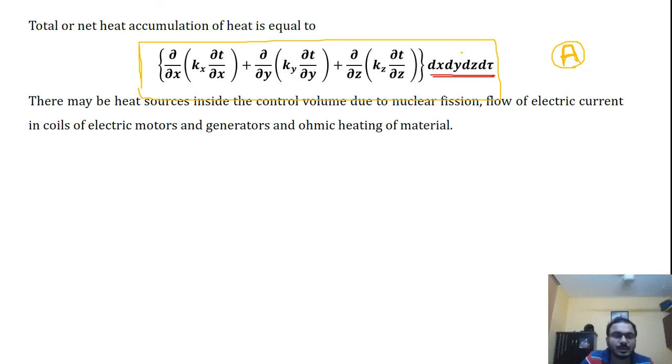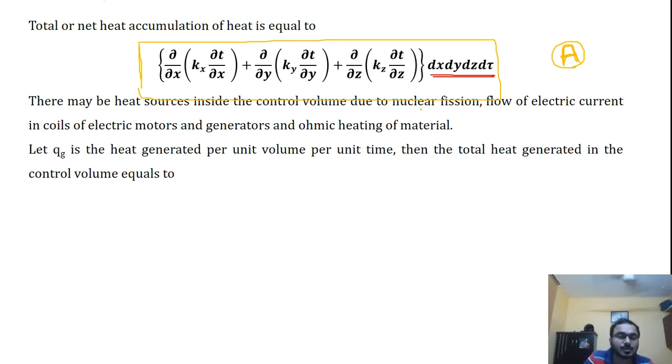Now there may be some heat sources inside the control volume due to various reasons. It can be nuclear fission, flow of electric current in coils of electric motors, generators, or ohmic heating of the material. So these are various reasons for which heat can be generated inside.